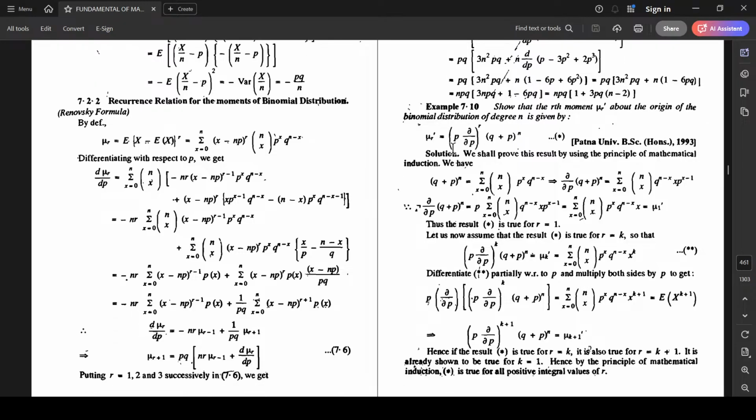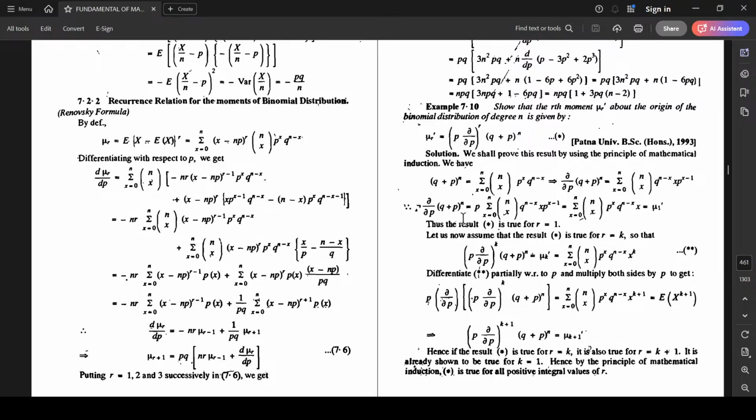You can see mu r is equal to p d by dp to the power of r of (q plus p) to the power of n, and when you expand this, it will eventually be the summation from x equals 0 to n of nCx p to the power x q to the power of n minus x. If you differentiate with respect to p, it will become this n minus x, this power will become x minus 1, and the x will come in front.